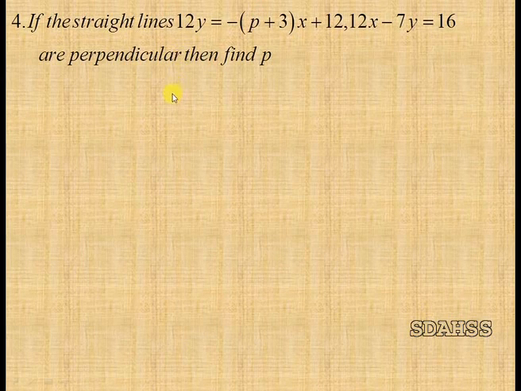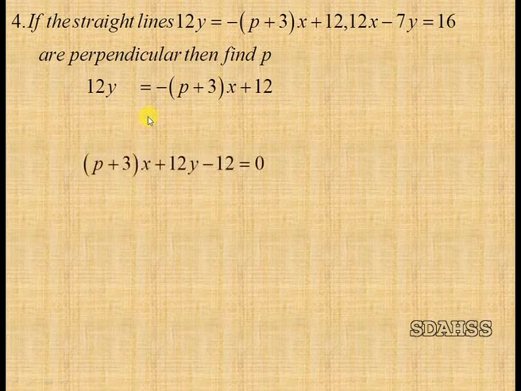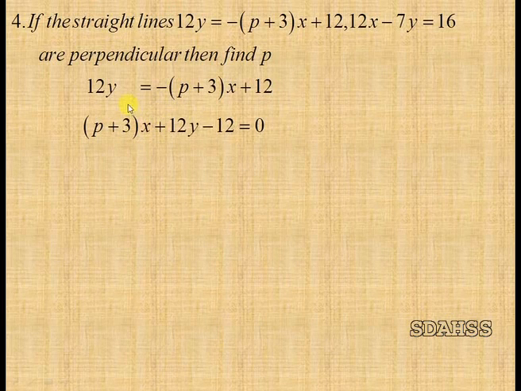First let us consider the first equation. 12y is equal to minus p plus 3x plus 12. Bring this term to the other side, it becomes positive. So p plus 3x plus 12y minus 12 is equal to 0.